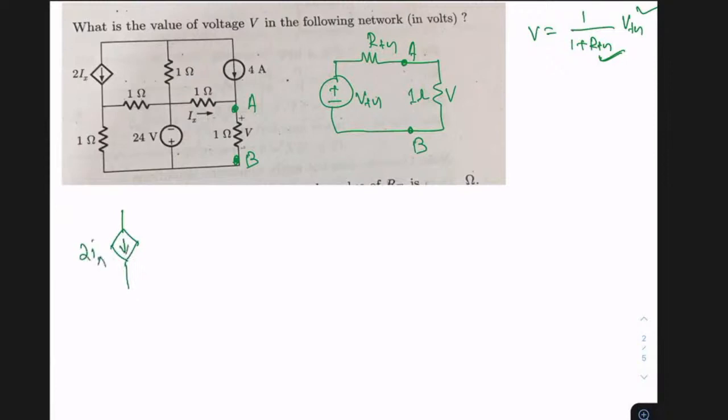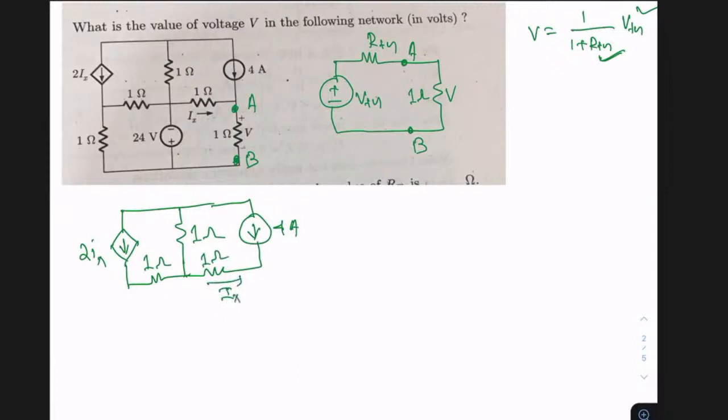This is 2IX. This is 1 ohm. This is also 1 ohm. This is 4 ampere. This is 1 ohm. And this is your IX. This is your 1 ohm.